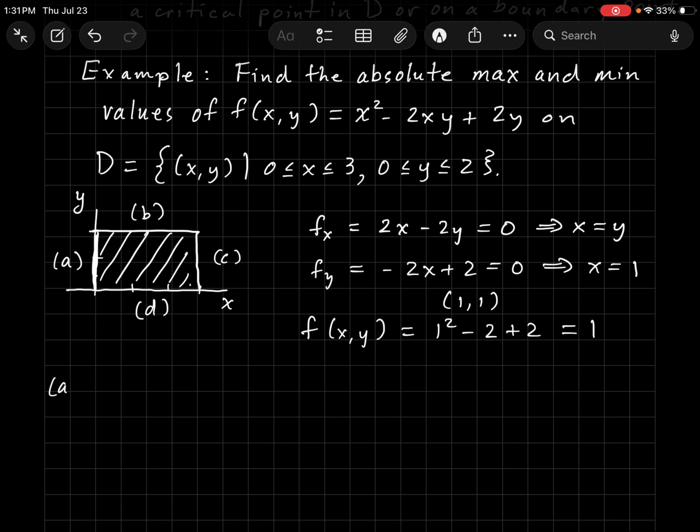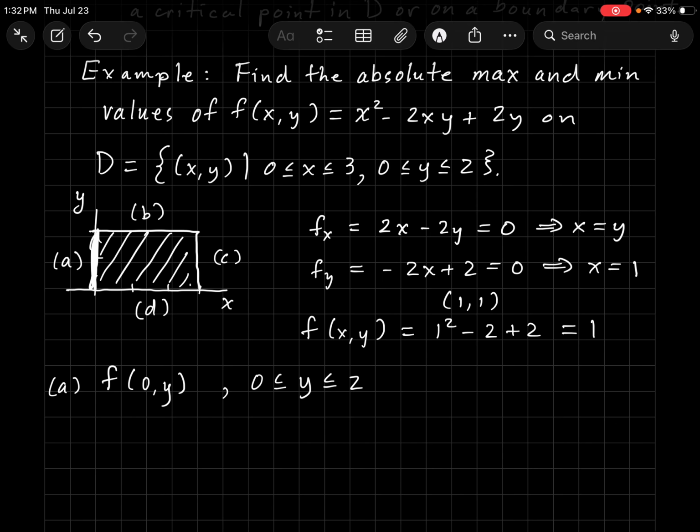So let's look at A. Notice that A has the points x equals 0 and y equals something between 0 and 2. All right, so on A, x always equals 0, and we have some y between 0 and 2.